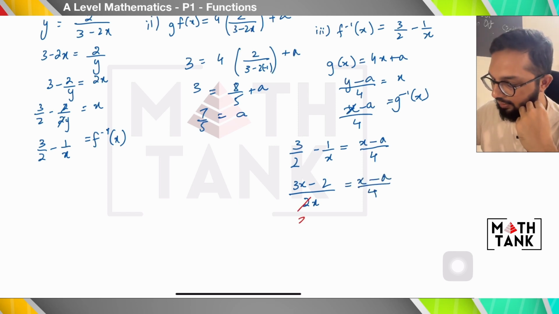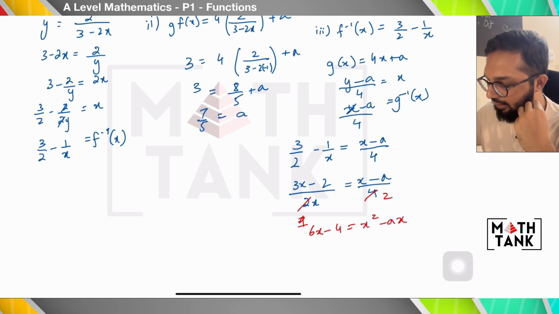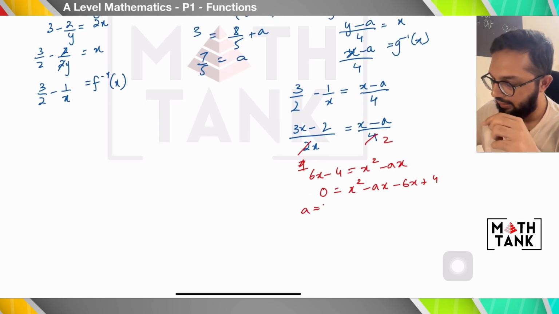I see a bit of reduction, so I can do that. 2 times 1, 2 times 2, and then cross multiply, so that gives me 6x minus 4 equals x squared minus ax. So I have x squared minus ax minus 6x plus 4. So my a is 1, my b is minus a minus 6, and c is 4.